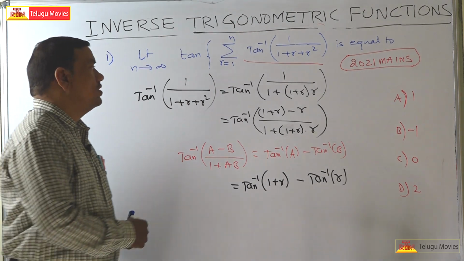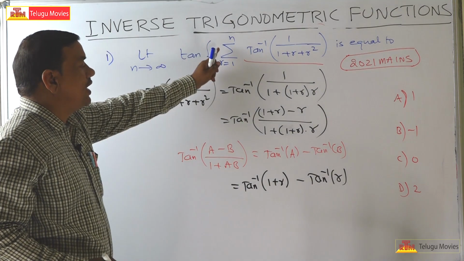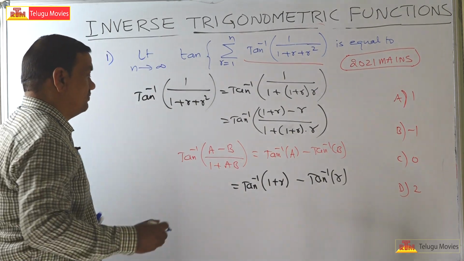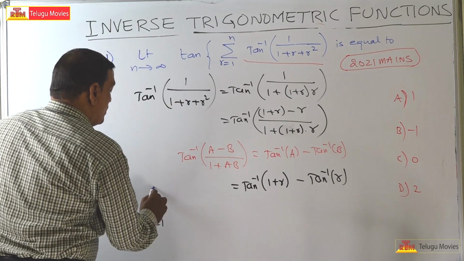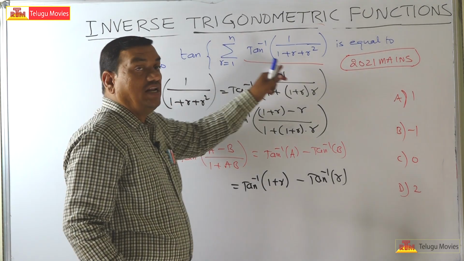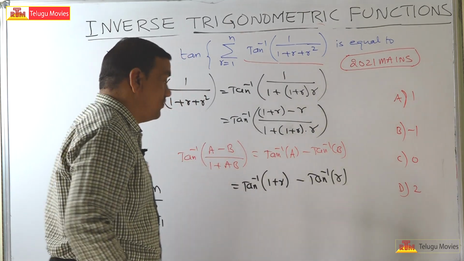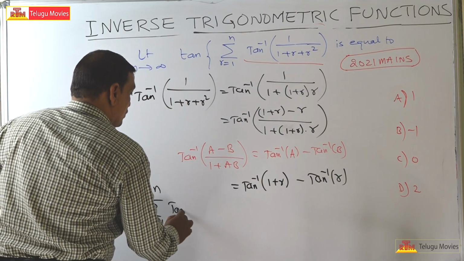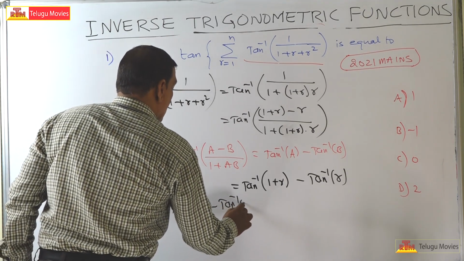So up to this part is over. Now I am going to apply the sigma notation. That means sigma r runs from 1 to n of tan inverse of 1 upon 1 plus r square, which is equal to tan inverse of 1 plus r minus tan inverse of r.